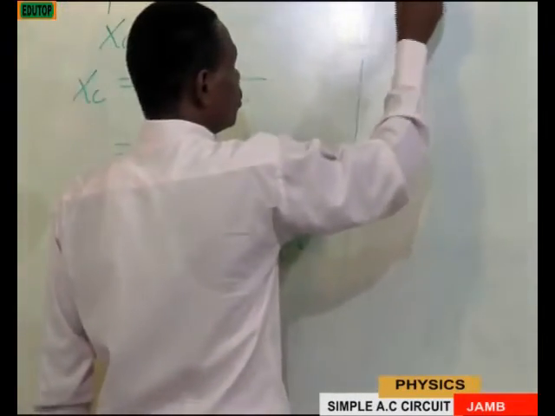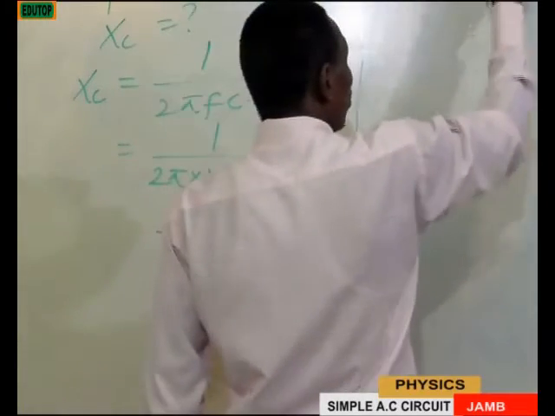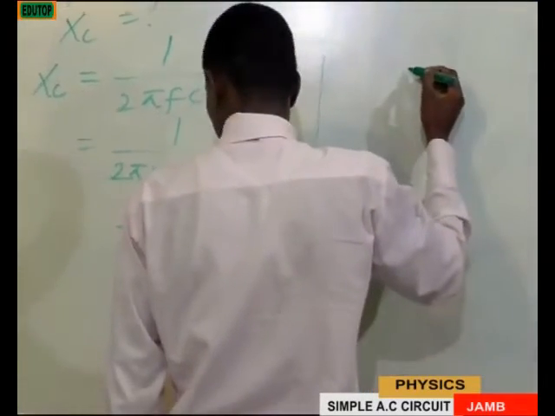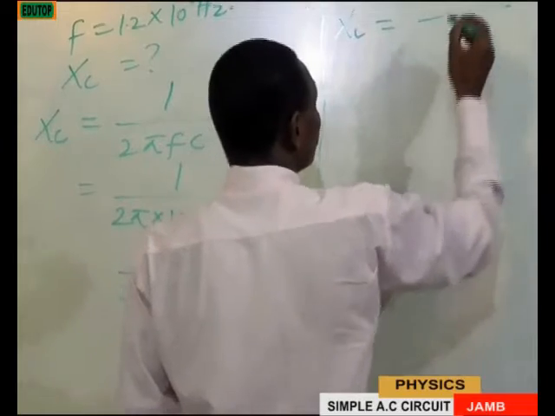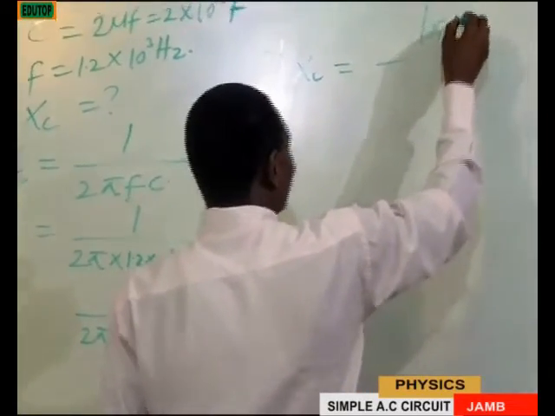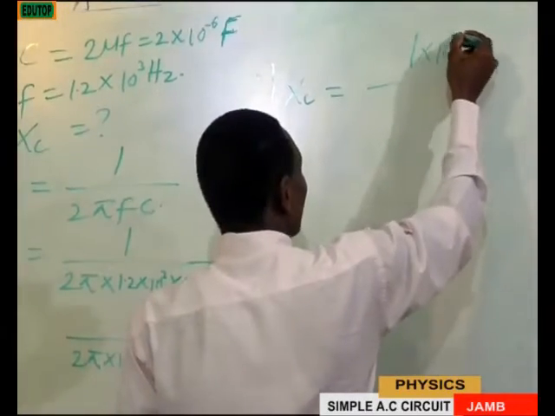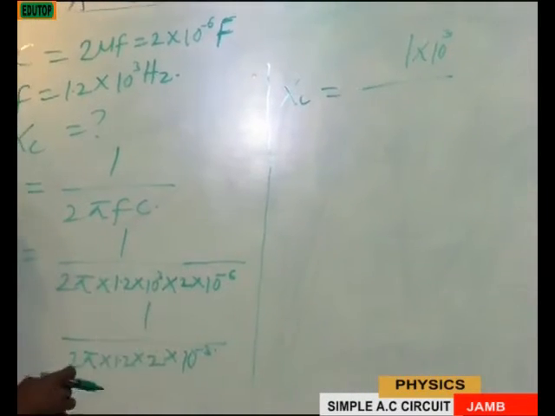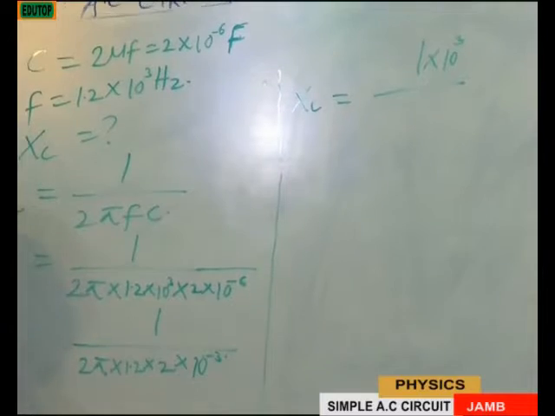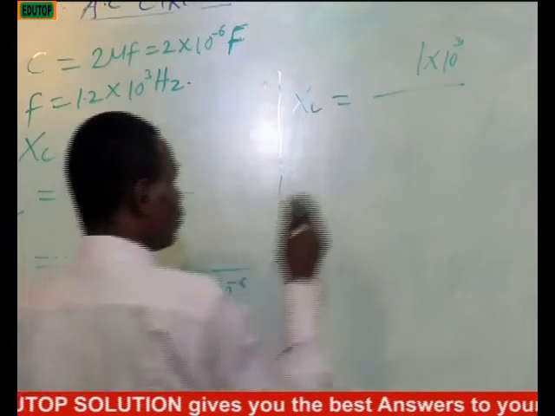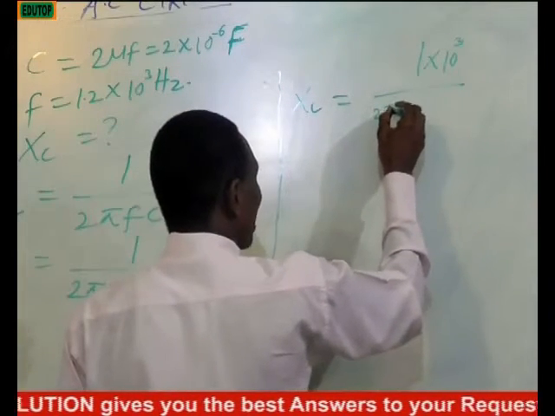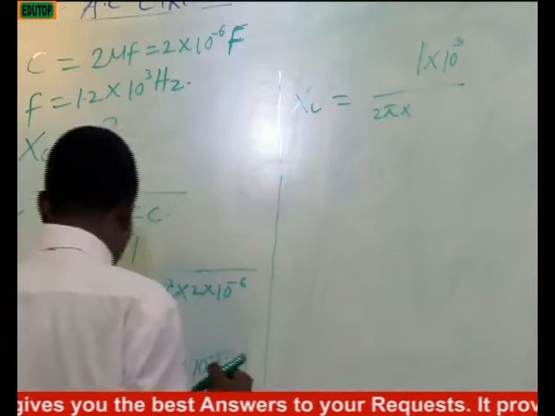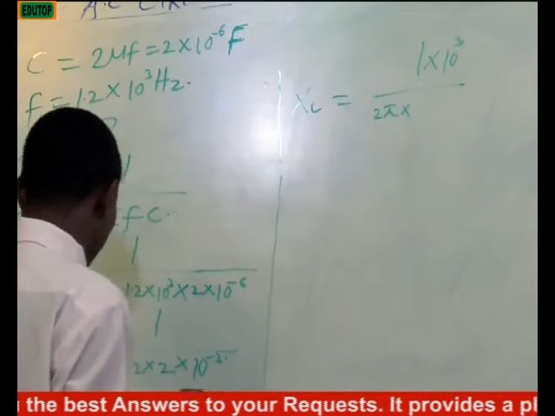Xc is equal to 1 divided by, this is equal to 1 times 10⁹. Why? By the time you take this one up, it will change the sign of the power. So what we are going to have left is 2 pi times 1.2 times 2.